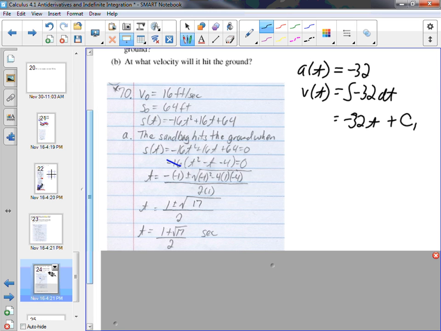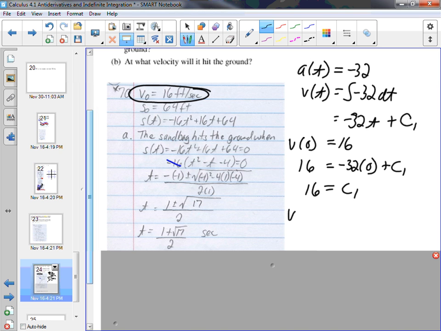Okay? And when t equals 0, v of 0 equals 16, right? So we can make that negative 32 times 0 plus c1, and that's got to equal 16. So 16 equals c1. So our velocity function is negative 32t plus 16.